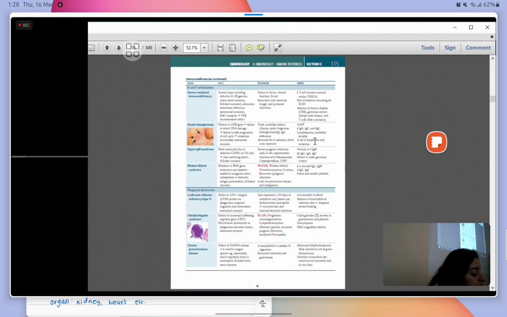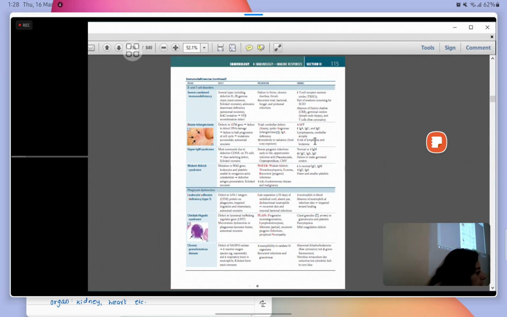So when you are degrading the adenine nucleotides, one very important enzyme which participates in this degradation is adenosine deaminase. If you have adenosine deaminase deficiency, the nucleotides, for example ADP and ATP, will accumulate in your cell.